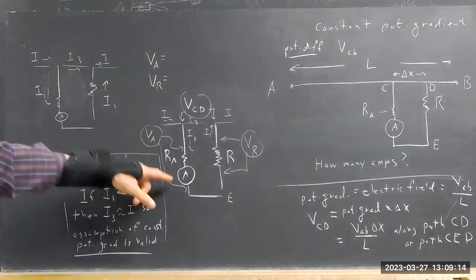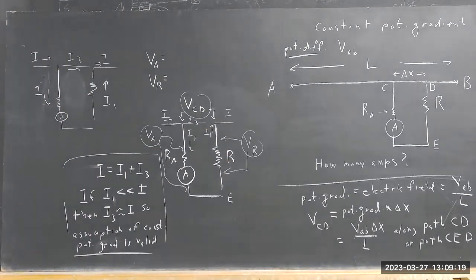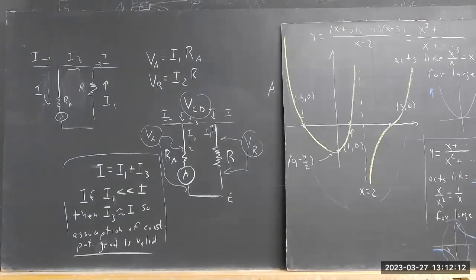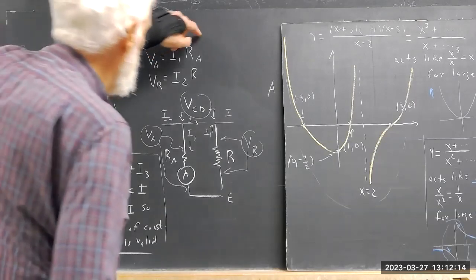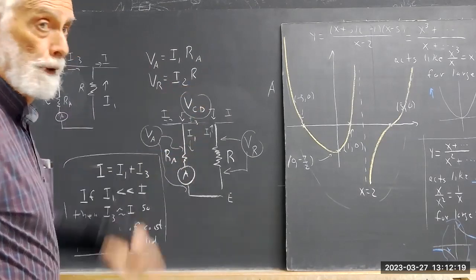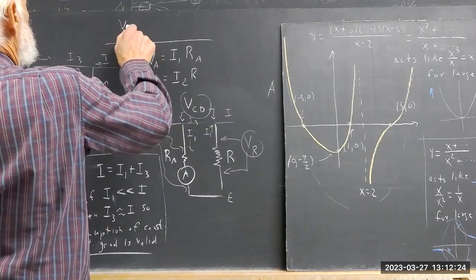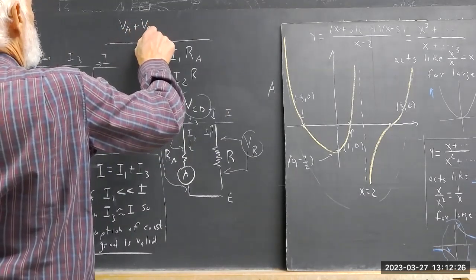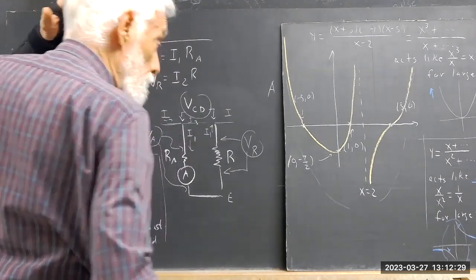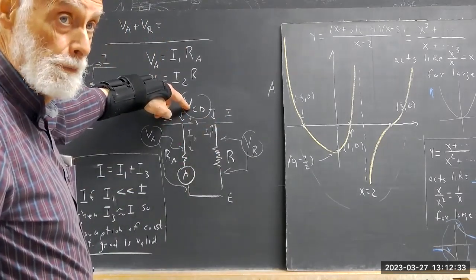So over here, it's voltage. Voltage across A is I1 times the resistance A. Voltage across R is I2 times the resistance R. Now the potential change as you go from here to here has to be VCD, right?